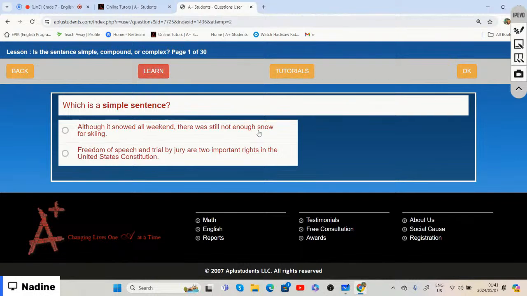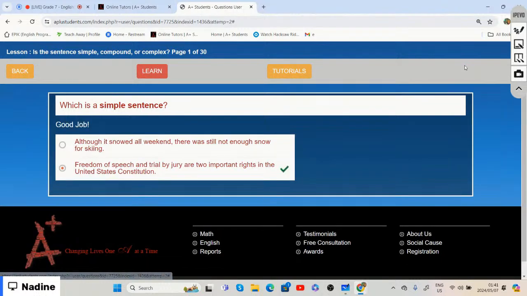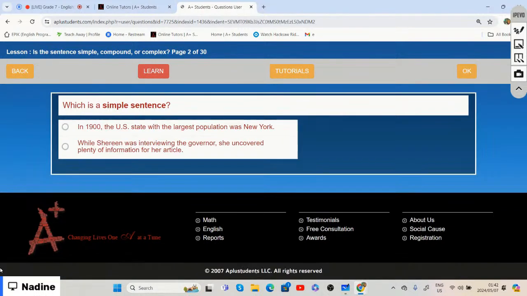If we choose the correct simple sentence, you can say freedom of speech and trial by jury are two important rights in the United States Constitution. That is a simple sentence. It's got a single independent clause.